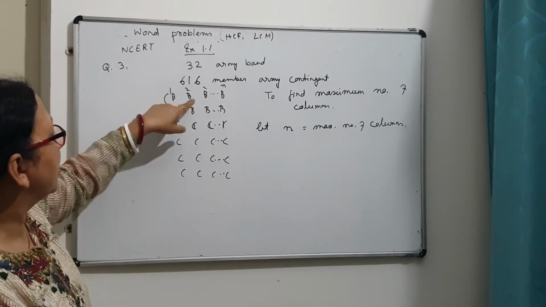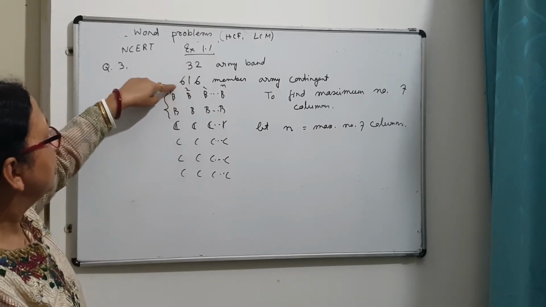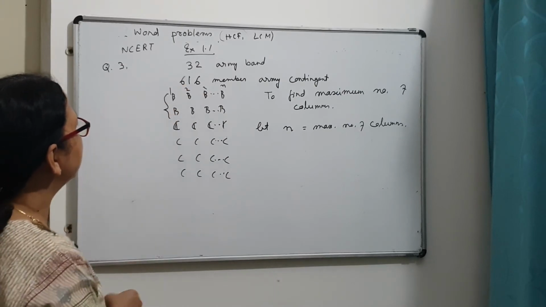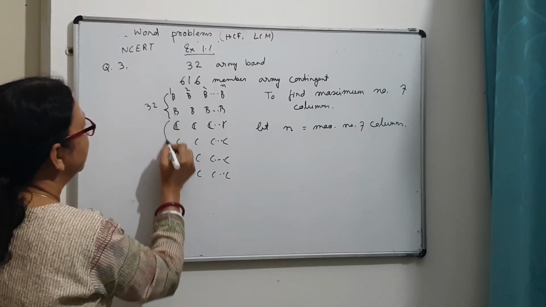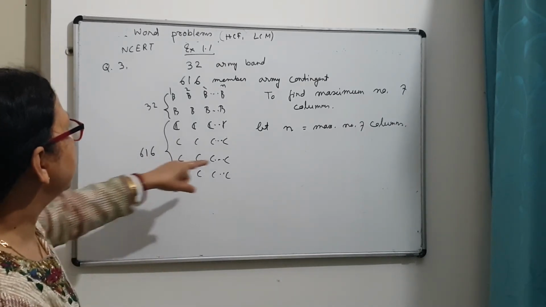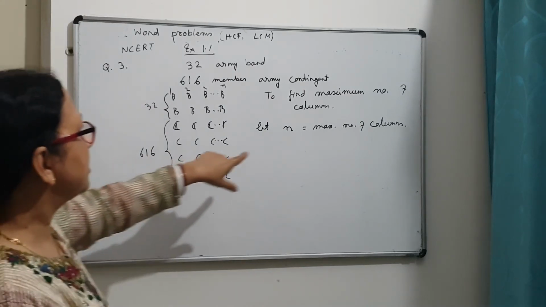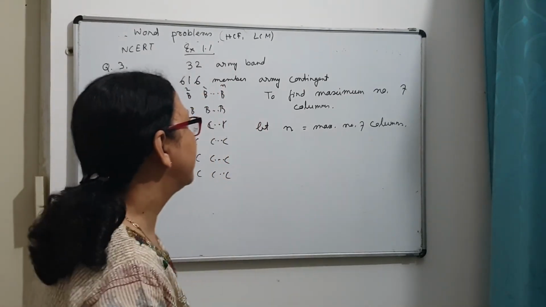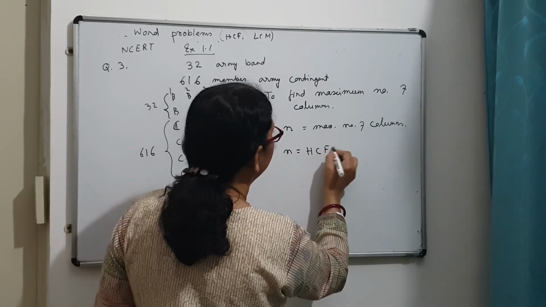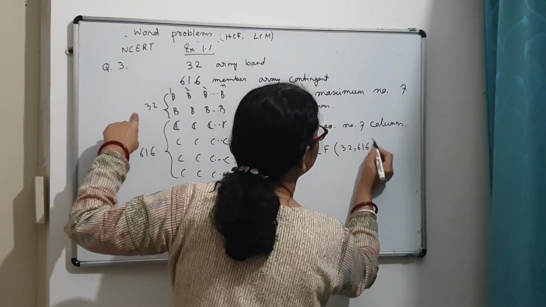So the number of columns n has to be a factor of 32, and also a factor of 616, because here there are 32 members and here there are 616 members. So n has to be a factor of both these numbers. And since the maximum number of columns is required, therefore n will be the highest common factor of 32 and 616.